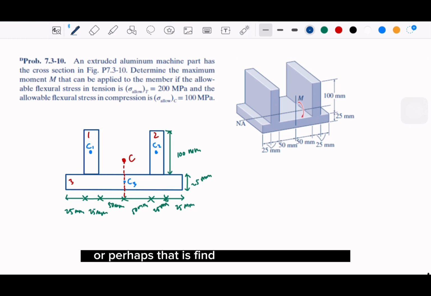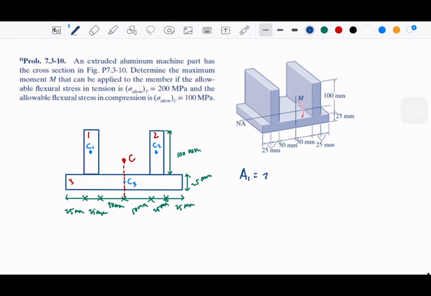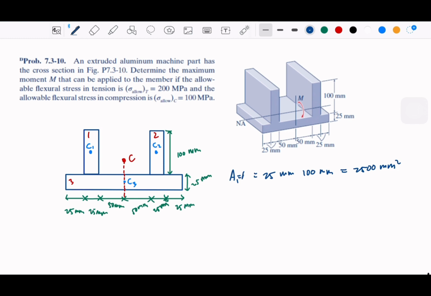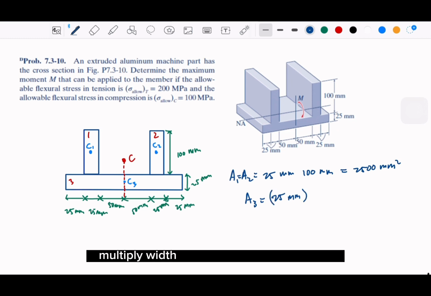Or perhaps let's just find the area for each one. So area 1 is 25 multiplied by 100, which is 2,500 millimeters squared. A2 is also equal, so let me write A1 equals A2. And then A3 is 25 multiplied by 50, 50, 100, 300, right?